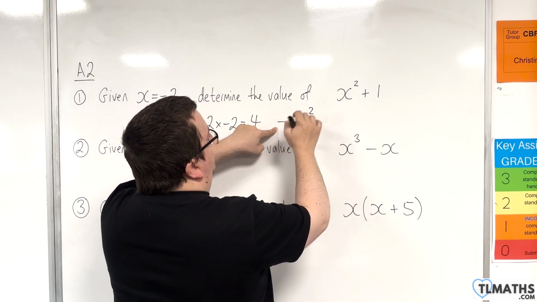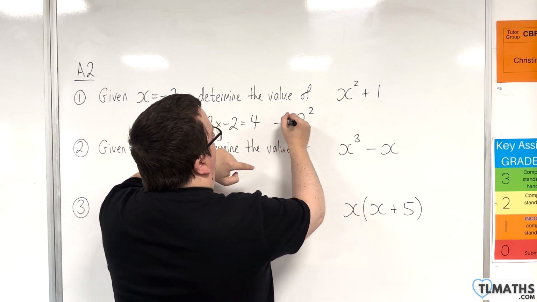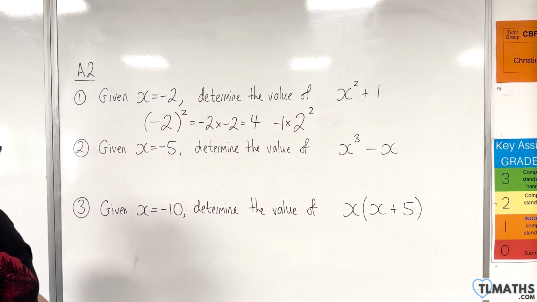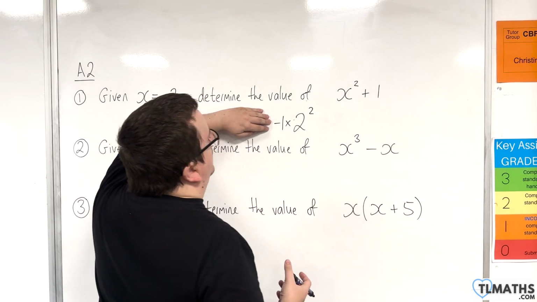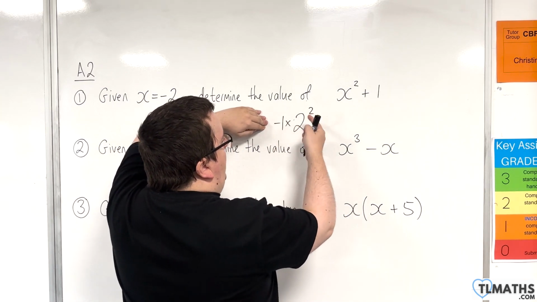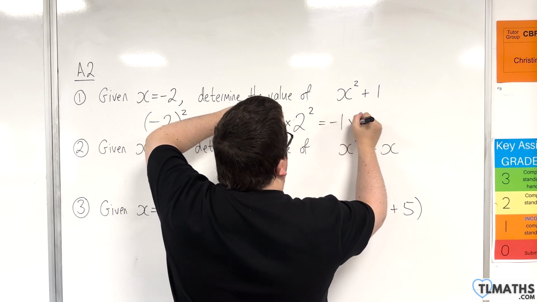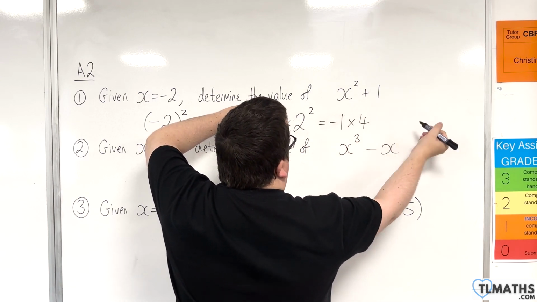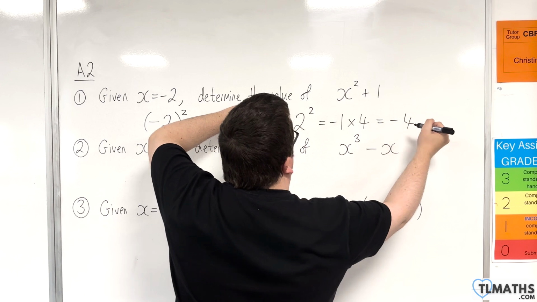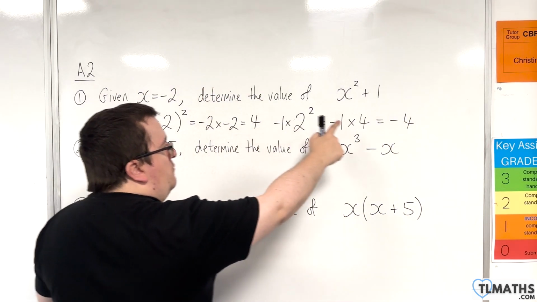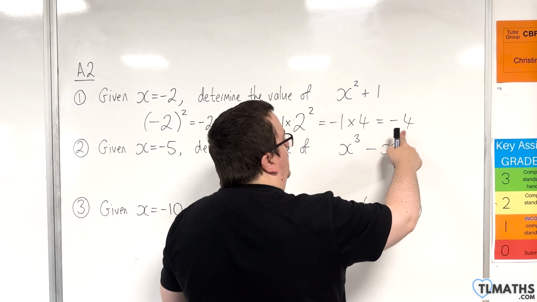Because remember, this is minus 1 times 2 squared. That's what the minus sign out the front's doing. So I do the index first, which is 2 squared, which is 4, and then I have minus 1 times 4. So here I got 4, here I got minus 4.